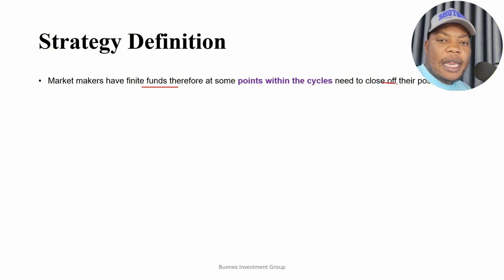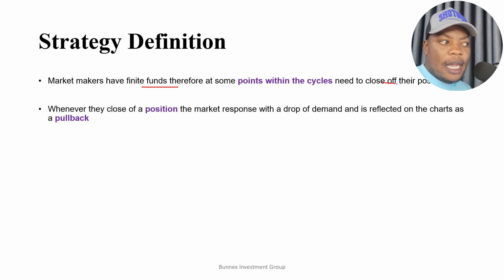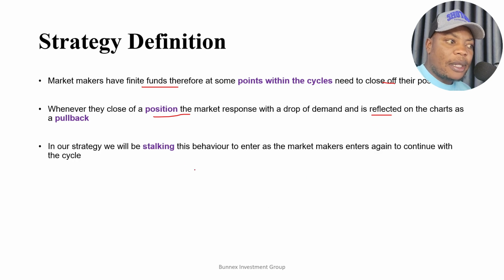Say they buy a particular asset; at some point they will need to close it. Whenever they close a position, the market responds with a drop in demand, reflected on the charts as a price pullback.